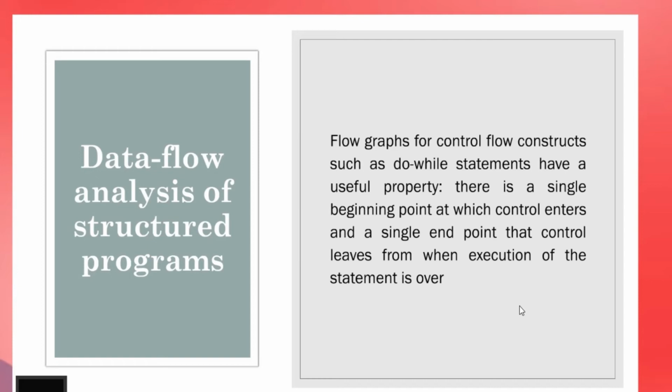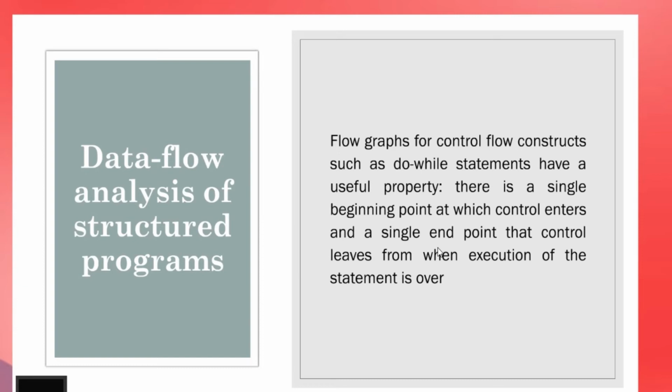The flow graphs for control flow constructs such as do while statements have a useful property: there will be a single entry point at which the control enters and a single end point where the control leaves when execution is over.